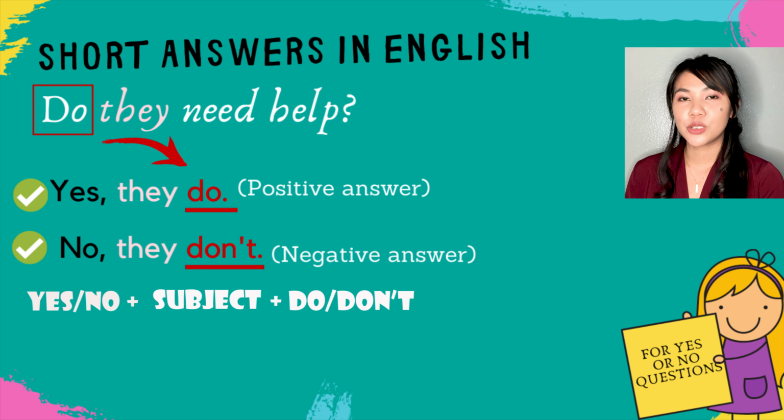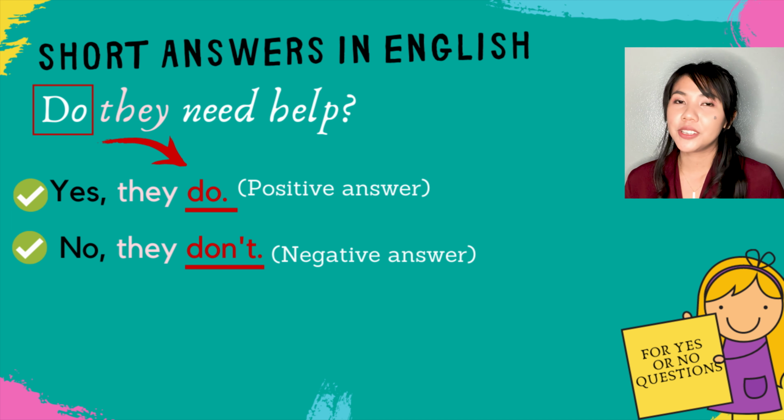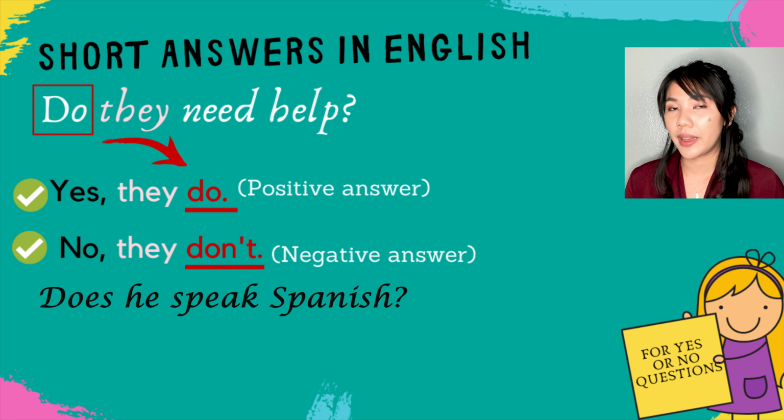So when answering this question, we put yes if it's a positive, plus the subject, so we're talking about they, plus do. Yes they do. For a negative answer, we change yes to no and do to don't. No they don't.